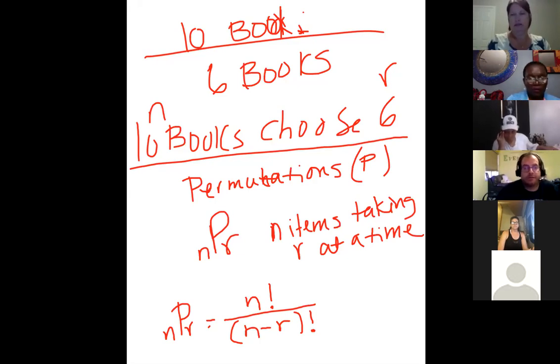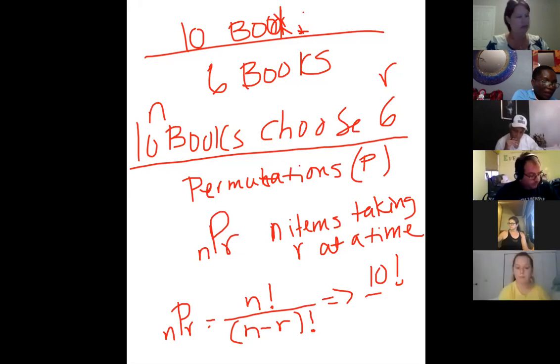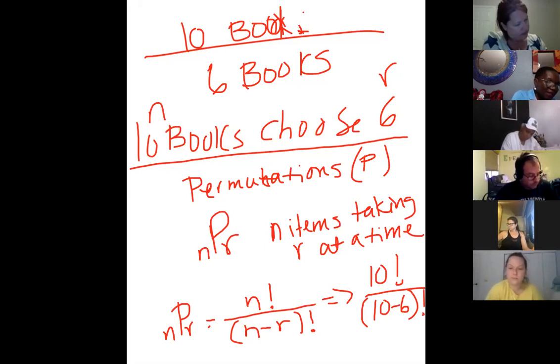Making sure, guys. So if we're going to do our problem, it would be 10 factorial divided by 10 minus 6 factorial. When you simplify this, you get 10 factorial over 4 factorial.